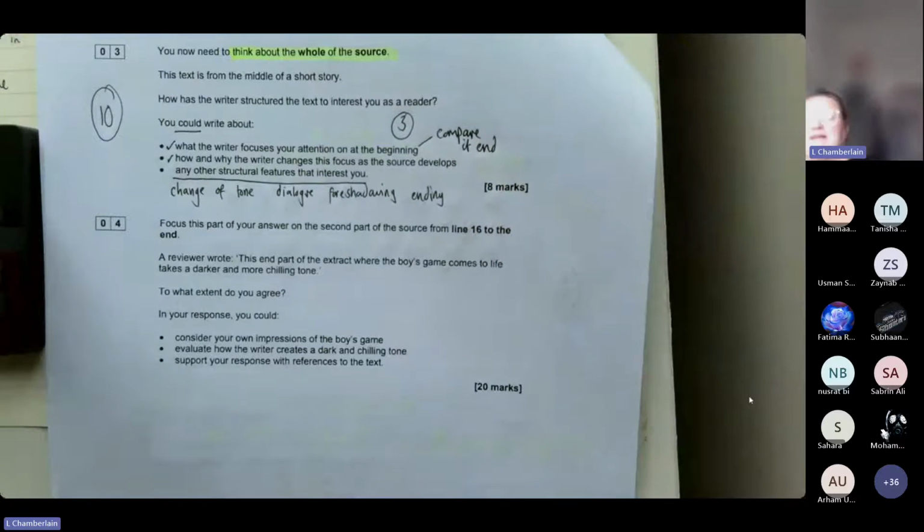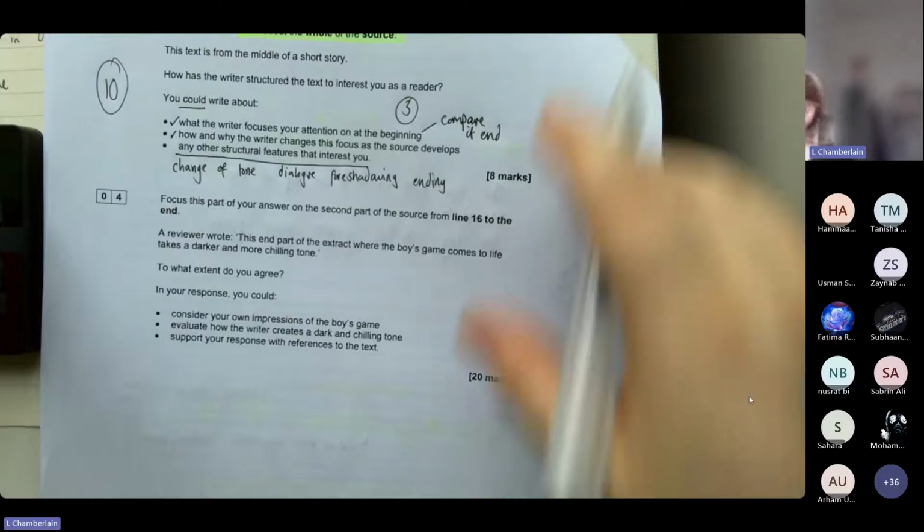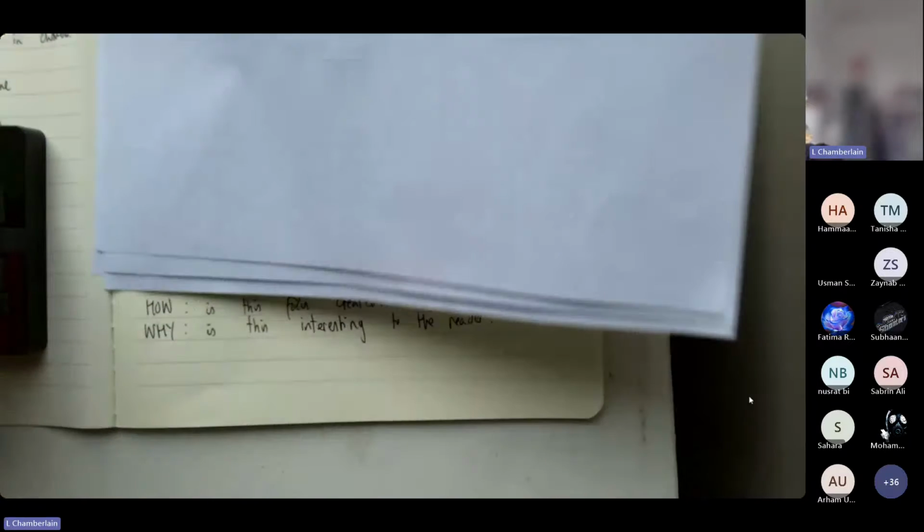And if you're automatically comparing the beginning of the story to the end of the story, you're already showing a wide awareness of what the writer's looking at, of what the writer's doing structurally and how that's important.